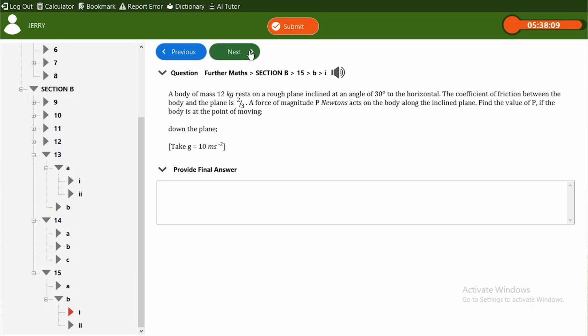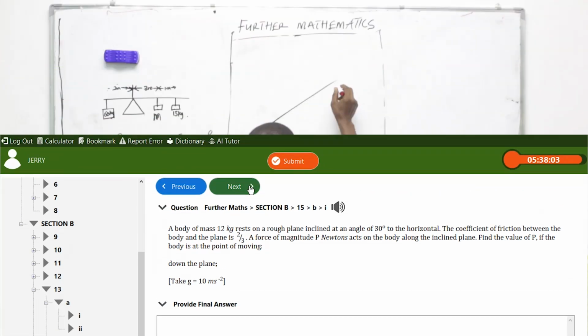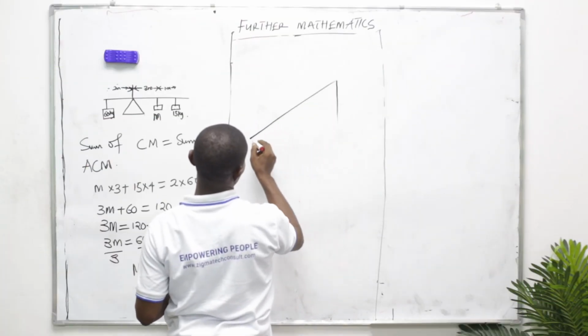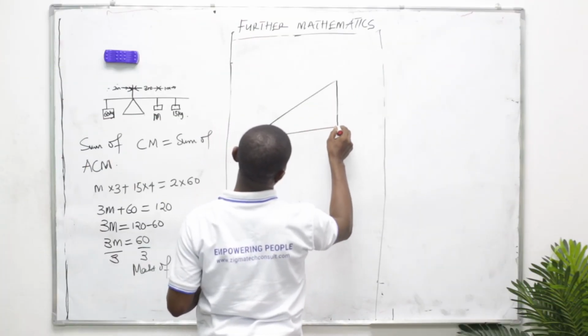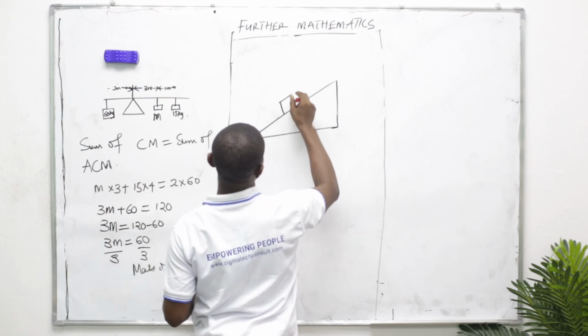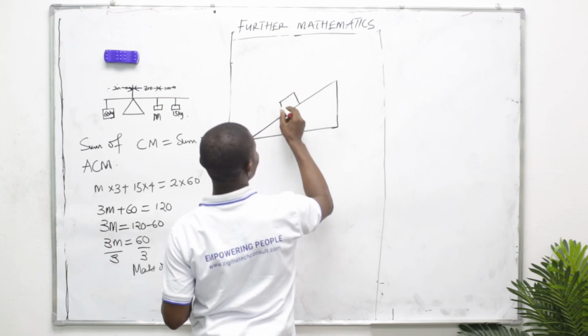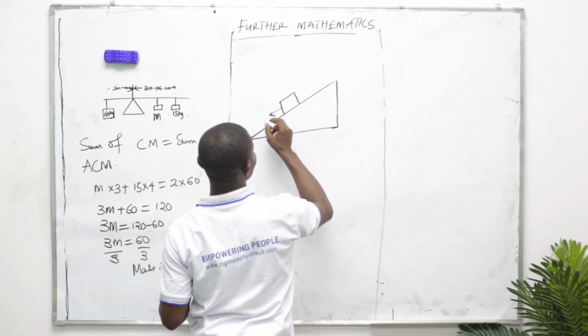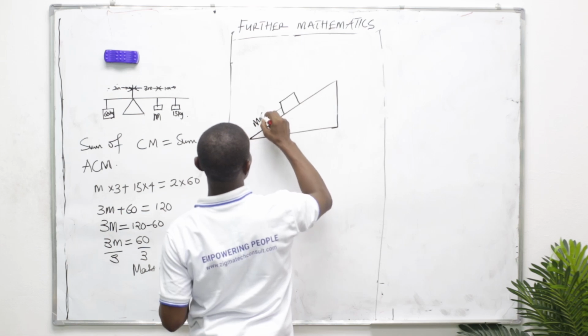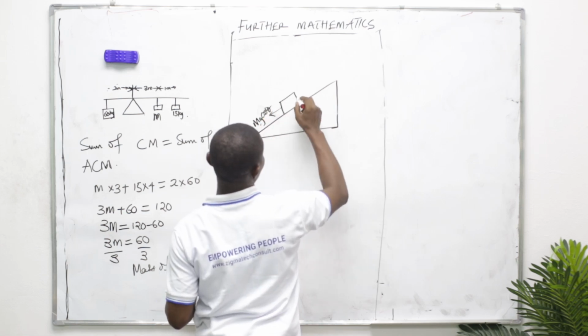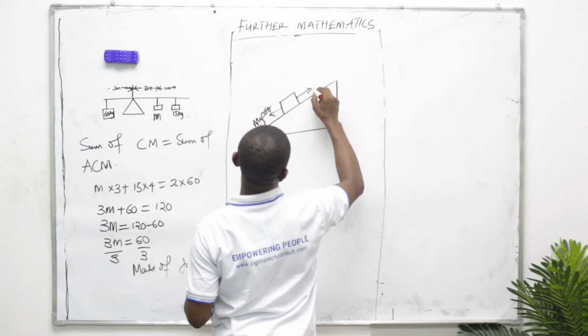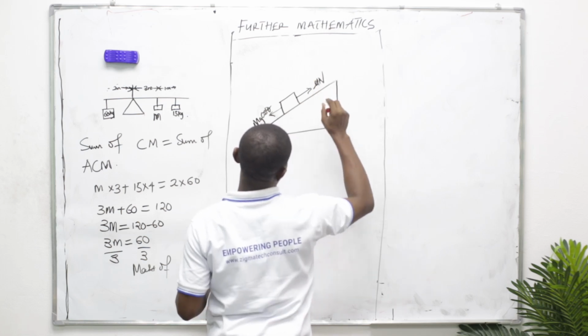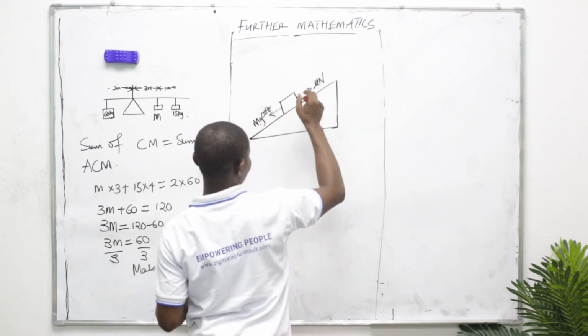Now we have this. You all know this diagram. This side is mg cos theta, and this side is mg sin theta.